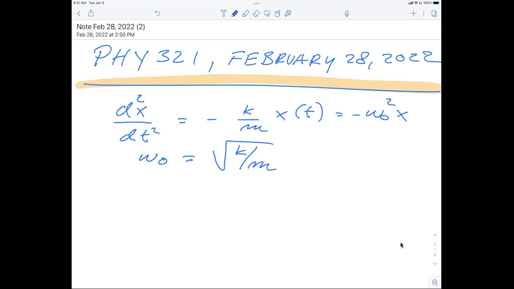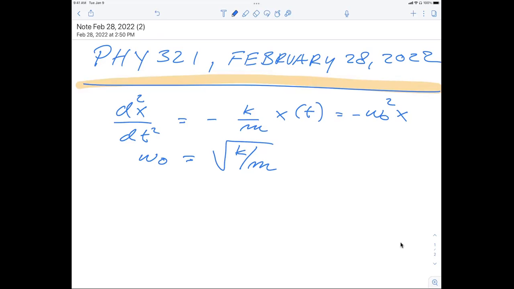This is pretty common when you do physics and when you scale your equations, or you divide away some constants, that you have some kind of a natural frequency or natural length scale which defines your system. So when we did the Earth-Sun case in homework number 5, we plugged in a new length scale, which was defined in terms of an astronomical unit, which is a natural length scale for astronomical calculations.